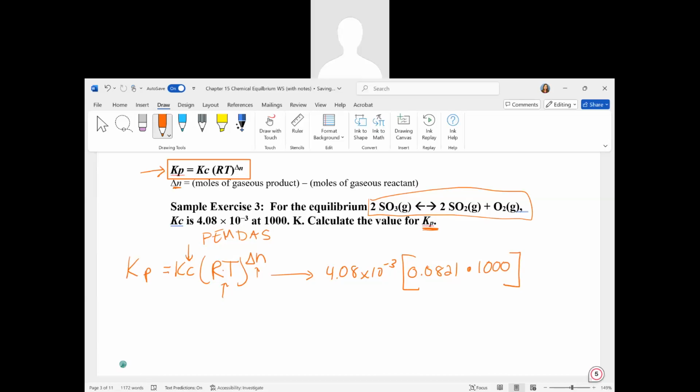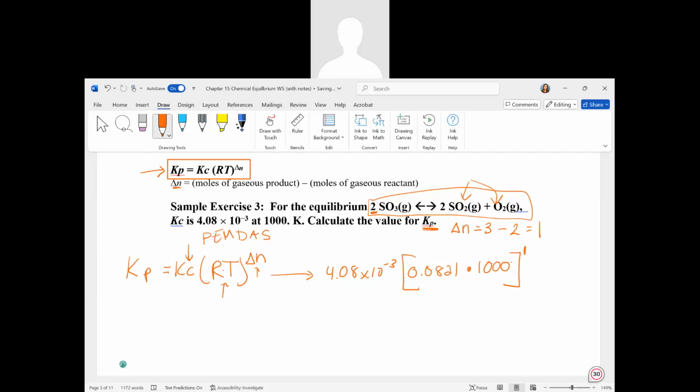We can do a side calculation here. The delta N will be specifically 2 plus 1, so 3 for products, minus 2 moles from reactants. So 3 minus 2 gives me a 1. Whether I forgot that delta N or not, we're just plugging in a 1 here, so it will not affect our calculation since it's raised to the first power.